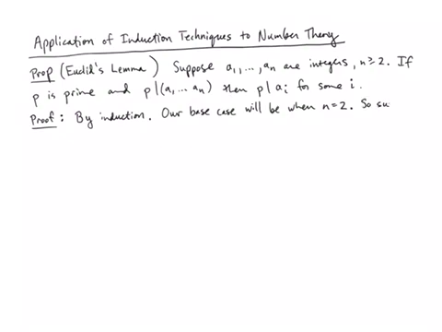So suppose p divides a1 times a2. So we need to show p divides a1 or p divides a2. Right, we're claiming that p divides one of these two integers, a1 or a2.